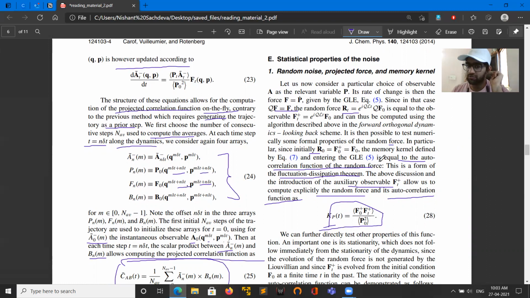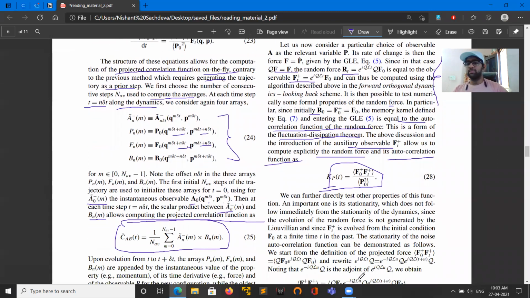This is all a form of the fluctuation dissipation theorem. So what we studied so far can in short be called a form of the fluctuation dissipation theorem. The discussion here and the introduction of the auxiliary observable F_t plus allows us to compute exactly the random force and its autocorrelation function as this.